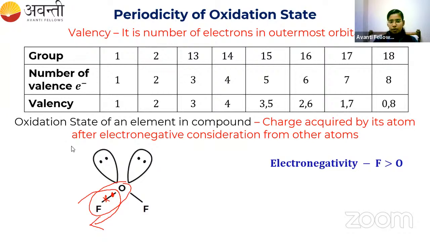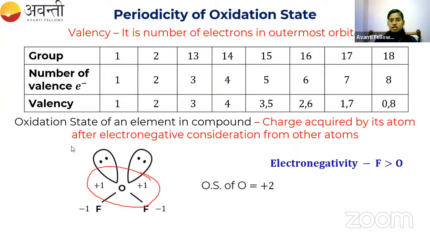It will get -1 charge and oxygen will get +1 charge. With respect to the second bond also, fluorine will have -1 charge and oxygen will have +1 charge. What is the charge acquired by oxygen in total? It is 2, right? The oxidation state of oxygen is +2.